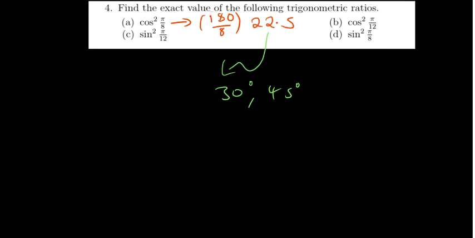So if you look at the first one there, if you put 180 where there's a pi and then divide by 8, you get 22.5. Previously we've looked at making combinations of the special angles, 30, 45 and 60 degrees.